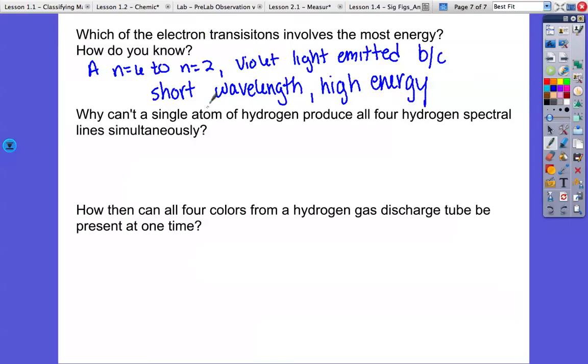So why can't a single atom of hydrogen produce all four hydrogen spectral lines simultaneously? Well, you can't be in two places at once.